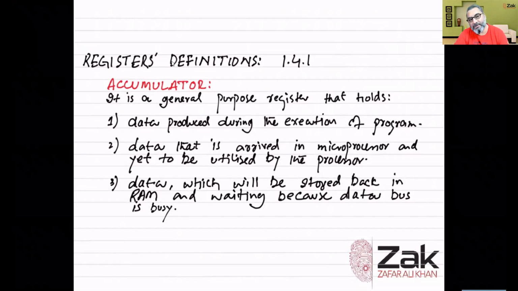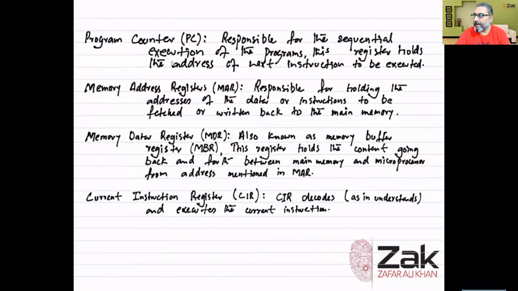Then that data will be transferred to the accumulator, and the control unit will utilize that data in the accumulator. But data doesn't go to the CIR. CIR only has what? Instruction. So if an instruction arrives in MDR, it goes to CIR. If data arrives in MDR, it goes to the accumulator. Mind it.